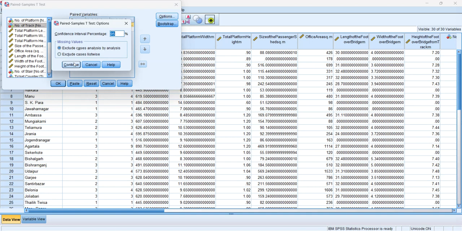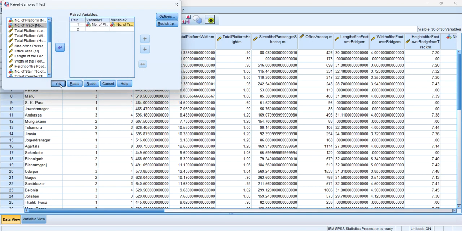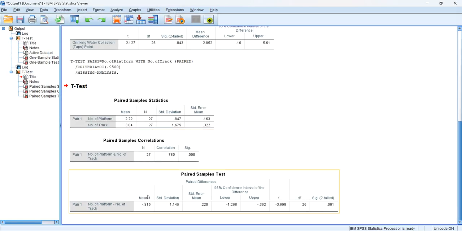So 95%, continue, and then okay. In the output there is a correlation, yes, it is significant statistically. Paired means the number of platforms and tracks. There should be a correlation, because every platform should have a track, so definitely it is a positive correlation.